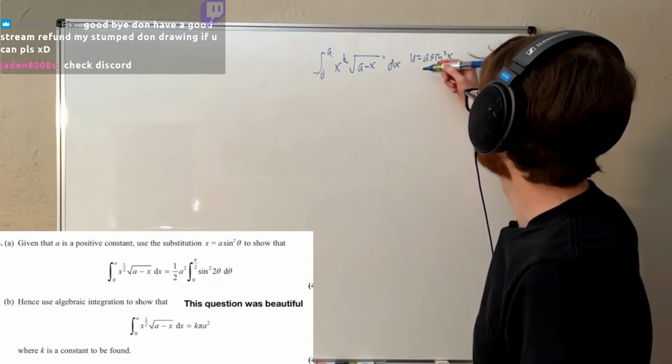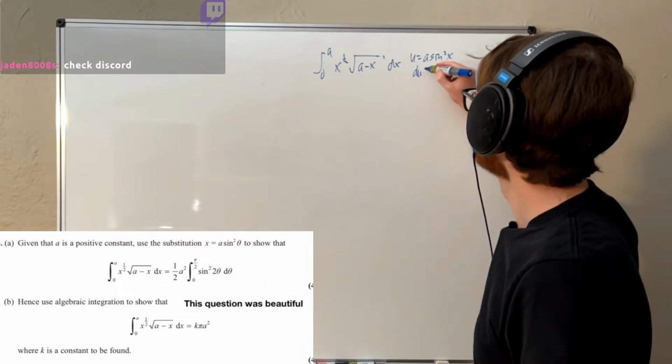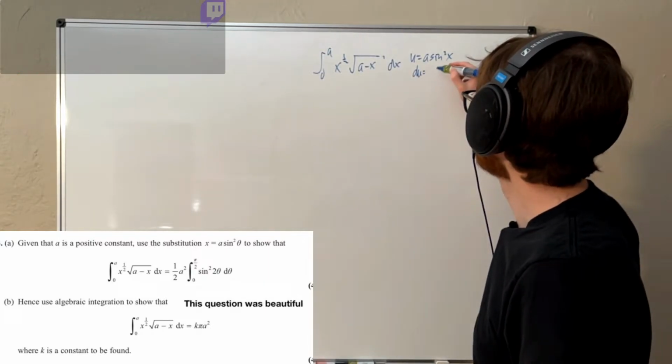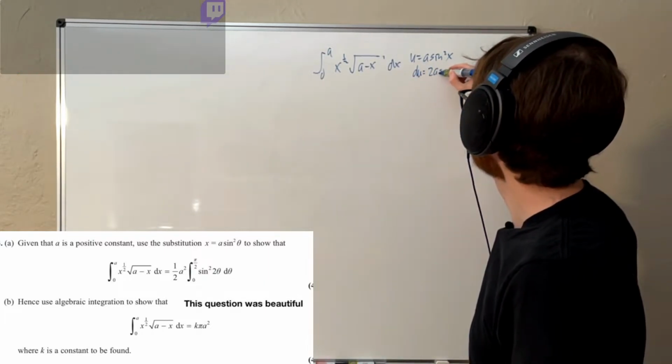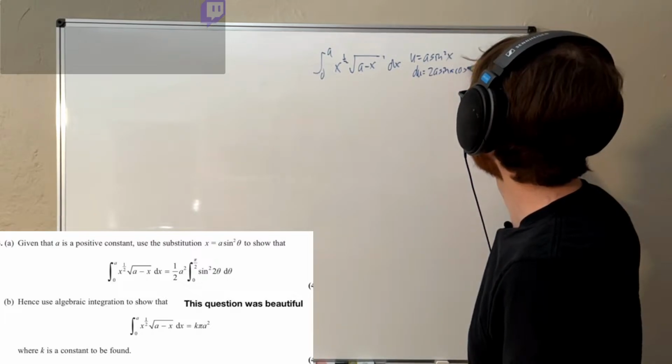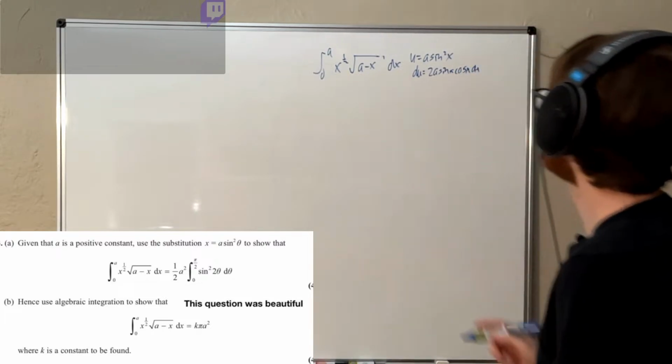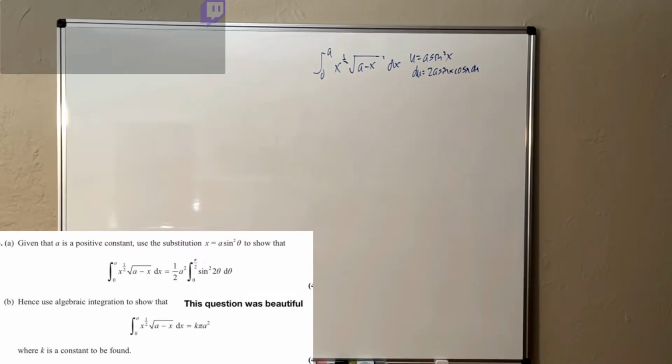Okay, so du then is 2a sine x cosine x dx. Just making sure that I'm copying the problem down right.